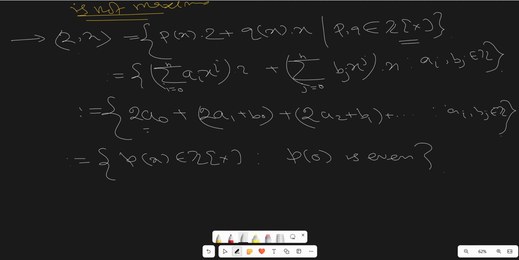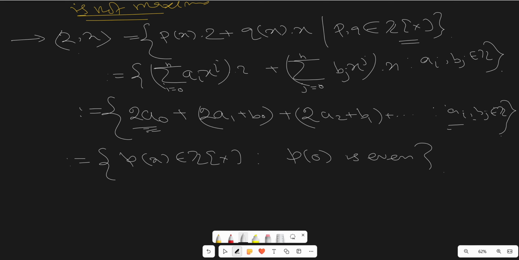So the ideal generated by 2 comma x is nothing but all the polynomials in Z[x] such that p0 is an even number. Because a0 can be anything here, this 2 will multiply by a0 and it will still be even. Okay, that's it.